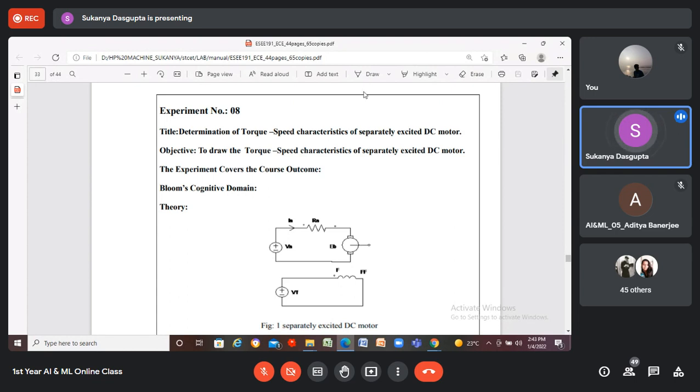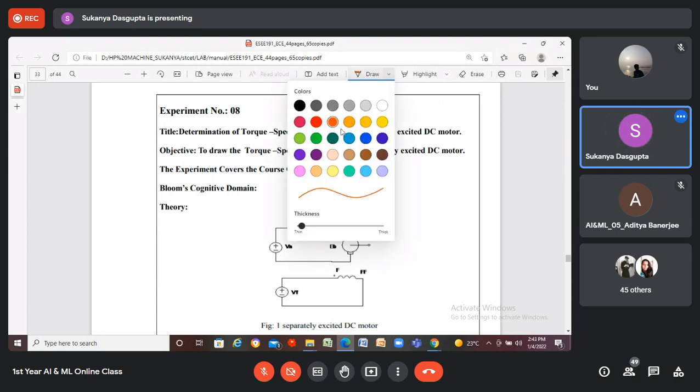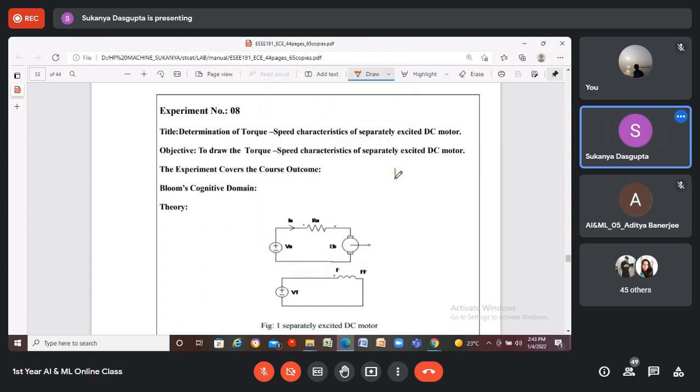Okay, so it is like there are two magnetic poles, say North Pole and South Pole. Magnetic flux lines are flowing from North Pole to South Pole, and you have placed a conductor under this magnetic field.